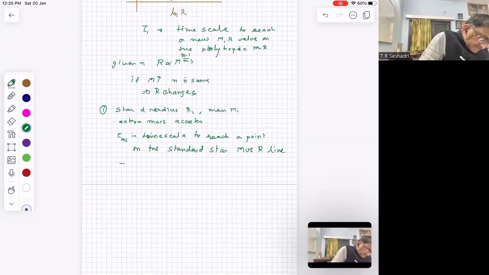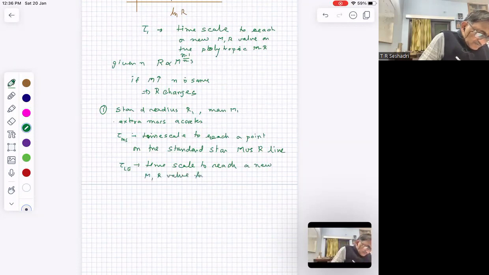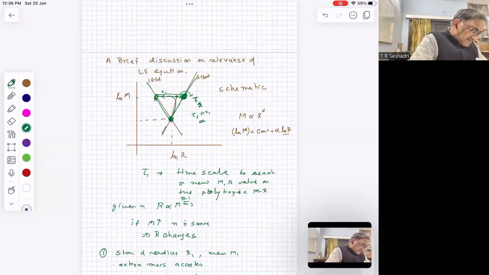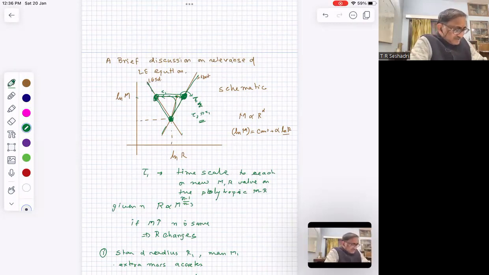However, you have another time scale, Lane-Emden, which is the time scale to reach a new M-R value for the same n value. So if suppose it does not, it should come here. This is the Lane-Emden equation.